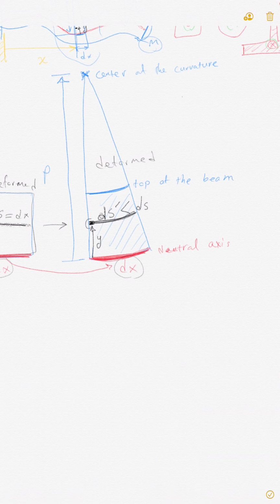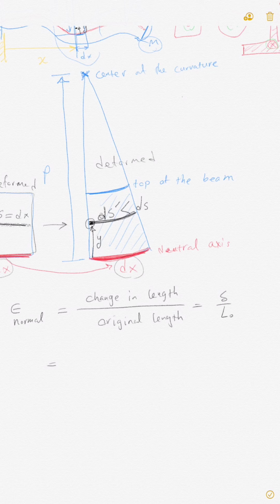The point here, I want to find the normal strain, which is the change in length, by the definition of normal strain, divided by the original length. The first thing we discussed in this class, which was equal to delta over L0.